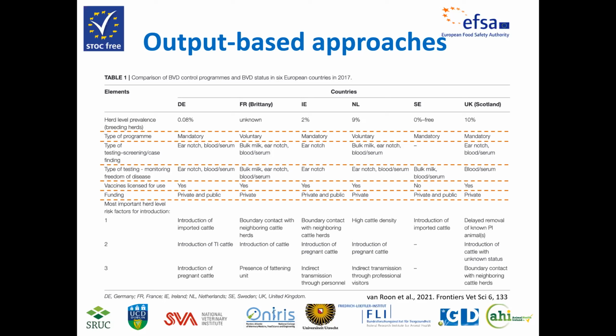And we can see a whole host of different methods: ear notching, blood and serum, bulk milk testing, differences in terms of the use of the vaccine, and also differences in terms of the relative importance of different risk factors.